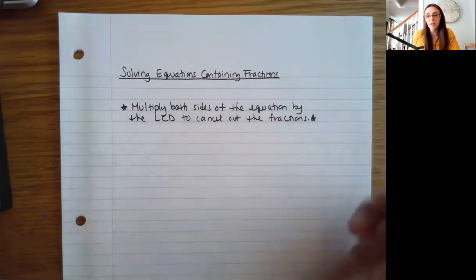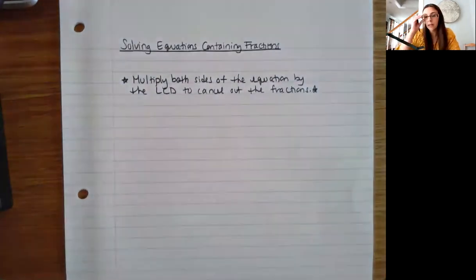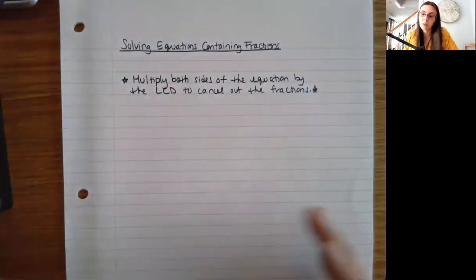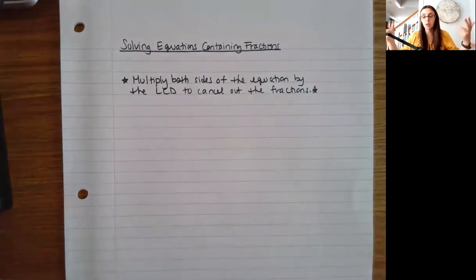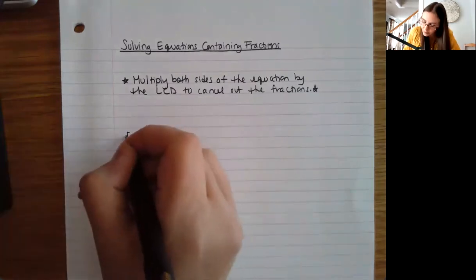And again, the reason it's okay to do that, if you think back to our rules for equations, is that it's okay to multiply or divide, as long as you do it on both sides of the equation in the same way. So by multiplying both sides by the LCD, I'm not actually changing the solution. So let's start with a simpler example.